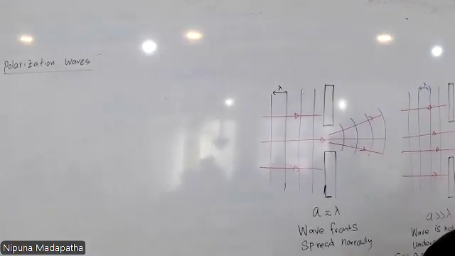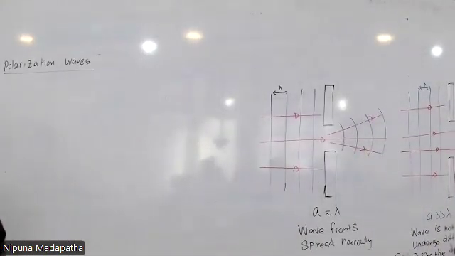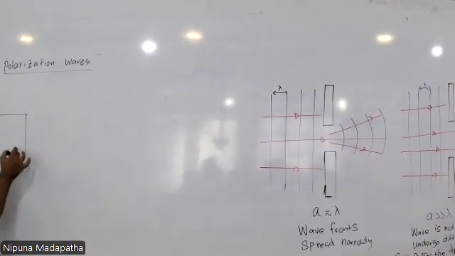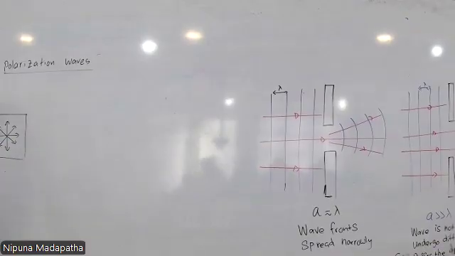Why is that? Polarization means, when a transverse wave vibrates in different planes, suppose these are the oscillating planes of the transverse wave. This is an unpolarized wave.